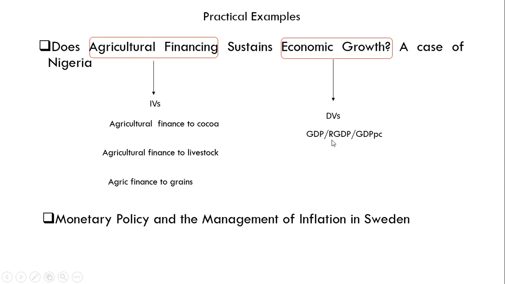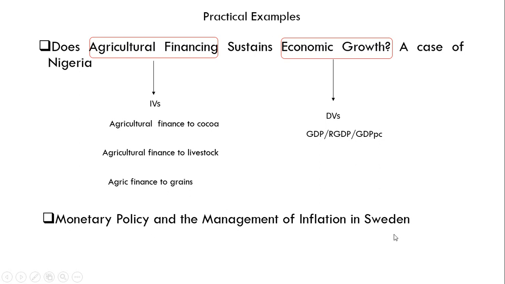While the real GDP is the real gross domestic product, it takes into cognizance the presence of inflation in the GDP so provided, and the GDP per capita, as the case may be, measures GDP over the population of the country. So this also would depend on what you intend to achieve in your study.